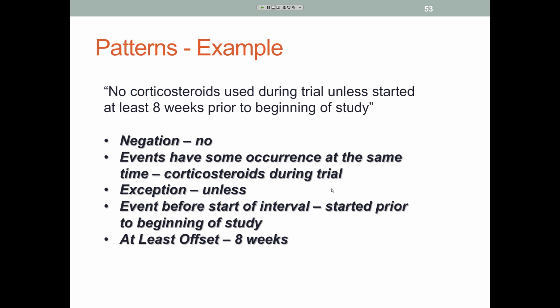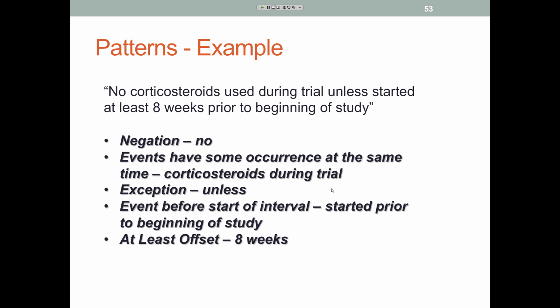I want to mention here that one criterion will usually involve more than one pattern. For example, this one involves 5 different patterns: negation, event happened at the same time, exception, before and start, and offset.